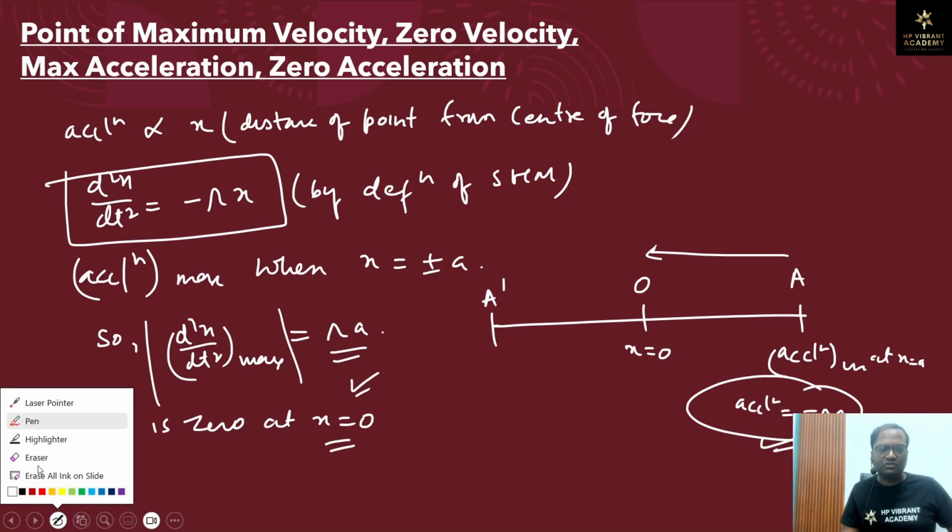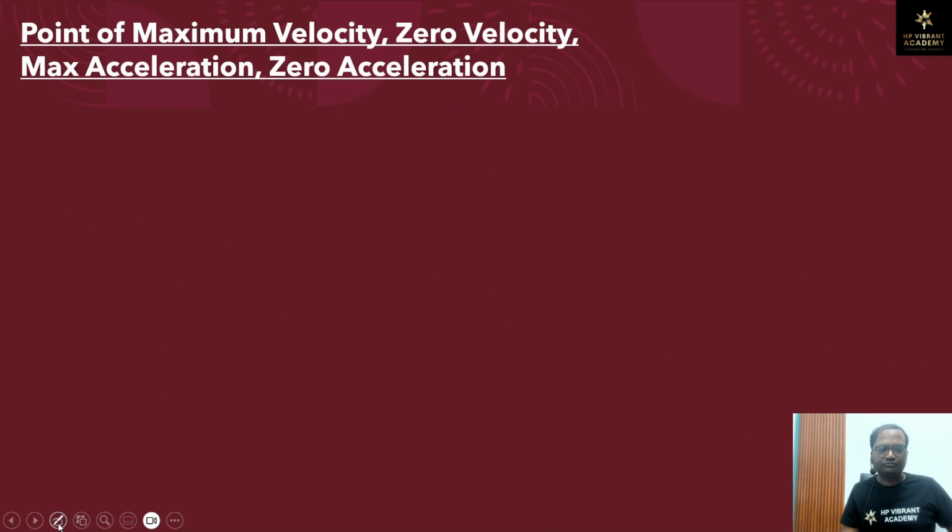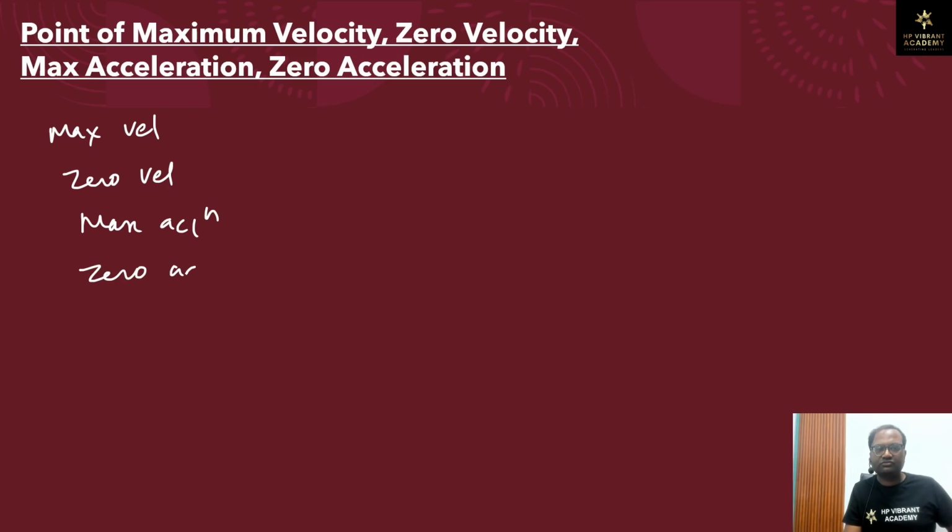So let us jot this down. What we are being asked is maximum velocity, 0 velocity, maximum acceleration, 0 acceleration. We have the motion like this. This is the center of force and these are the extremities, x is equal to a and x is equal to minus a.